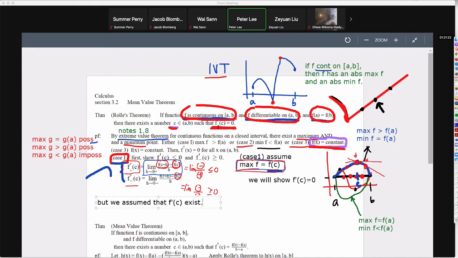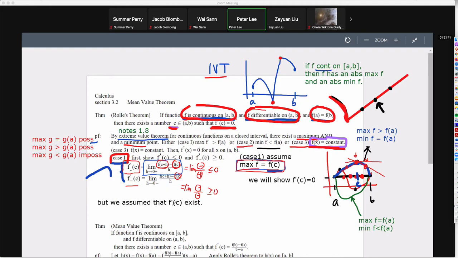Where did we assume that? We assumed that f is differentiable on (a, b), at any point between a and b. And note that point c is actually a point between a and b. So the assumption is right here, and so f prime exists.